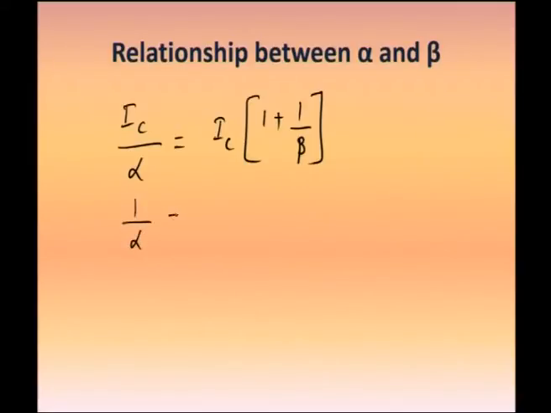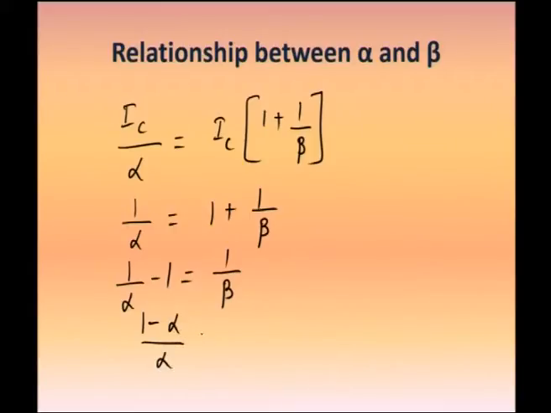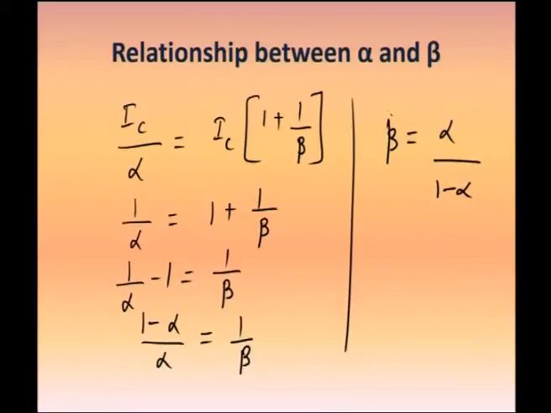If you solve this, 1 by alpha equal to 1 plus 1 by beta, 1 by alpha minus 1 equal to 1 by beta. Take LCM here, 1 minus alpha by alpha equal to 1 by beta, and what is beta now? Beta is alpha by 1 minus alpha. So, this is beta in terms of alpha.